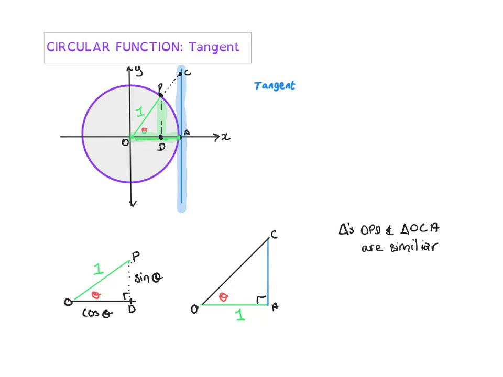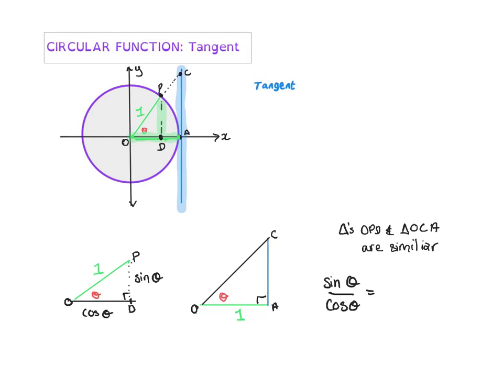Now, if you have a look, when we say that they're of the same ratio, if I said sine theta divided by cos theta, so that first triangle, that would create a ratio or a number.